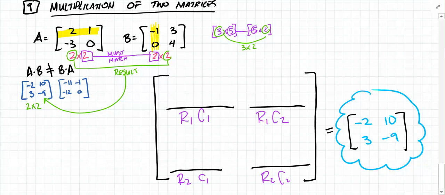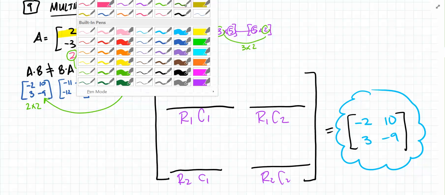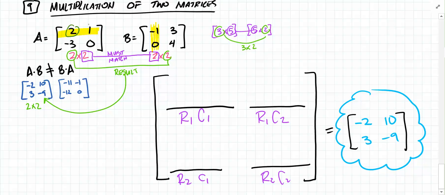Here's what it will look like. I'm going to take 2 times negative 1 and write that down here. 2 times negative 1. Notice that I'm not doing any calculation in the big, huge matrix. I'm going to add to that 1 times 0. So there you go.